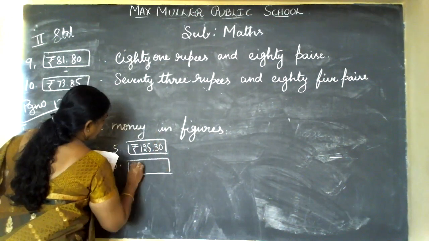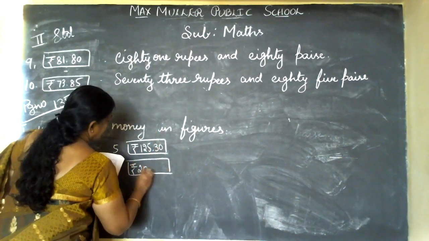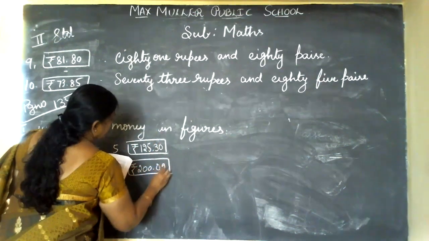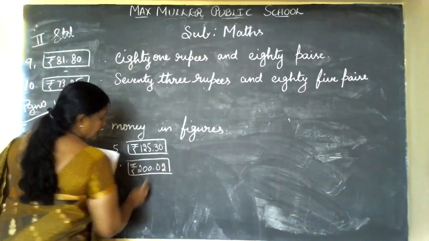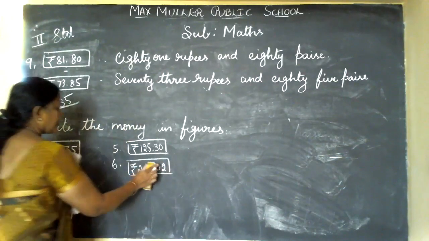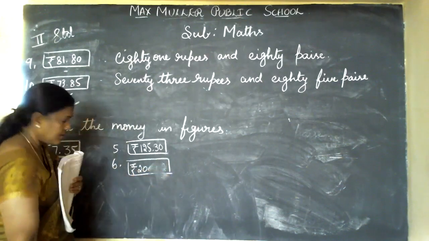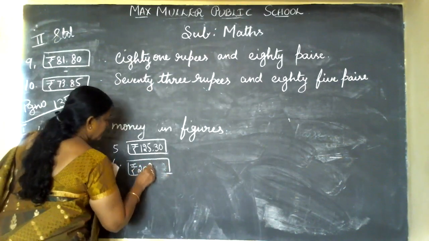Sixth one, 202 rupees. 202 rupees. Sorry children, no paisa here, only you want to write rupees. 202.